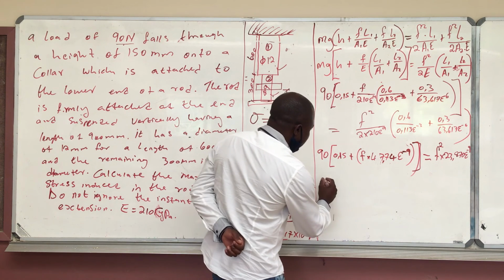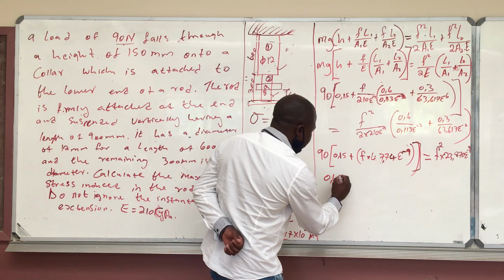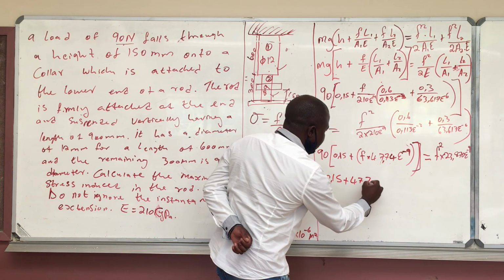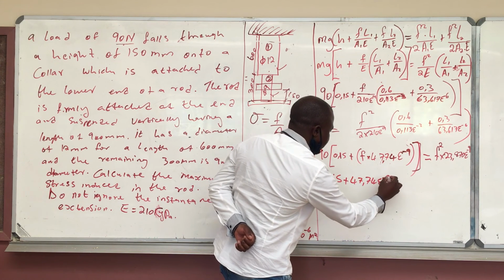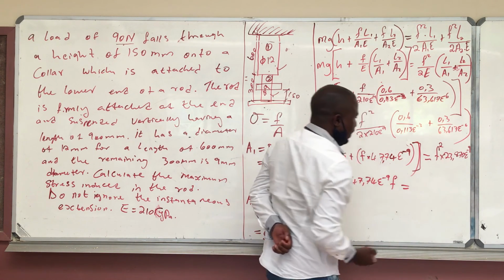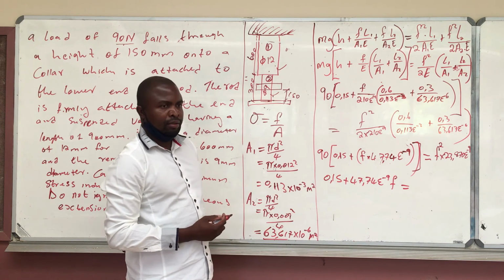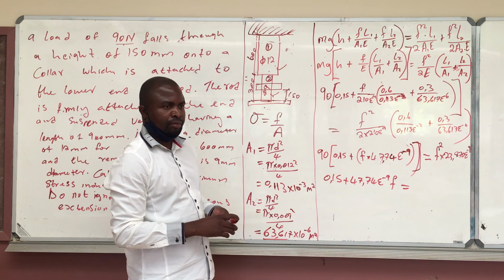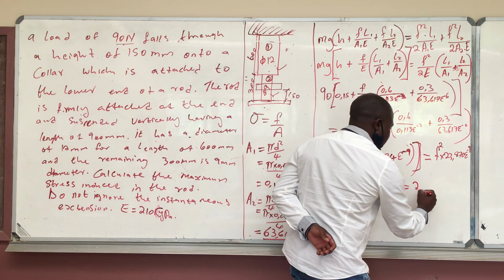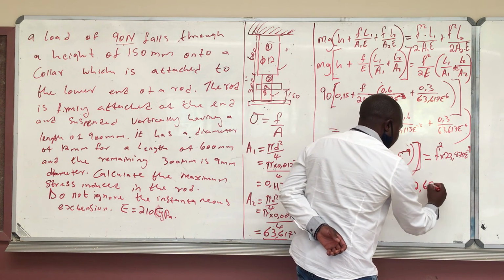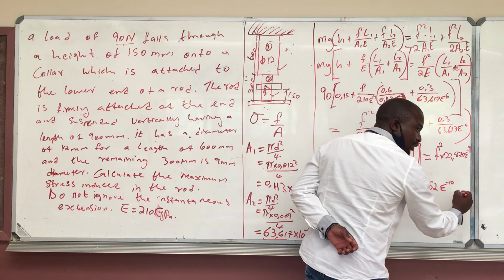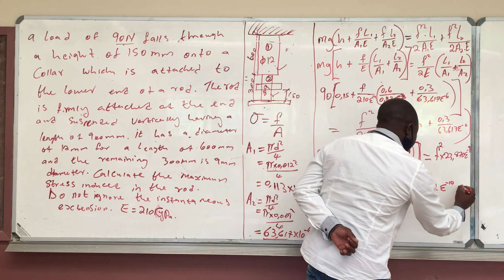It means when we divide, we'll be having 0,15 plus 47,74 exponent negative 9 F is equal to, this one when you divide by 90, what do you get? 2,652 exponent negative 10, F square.